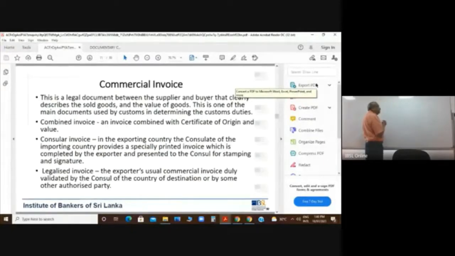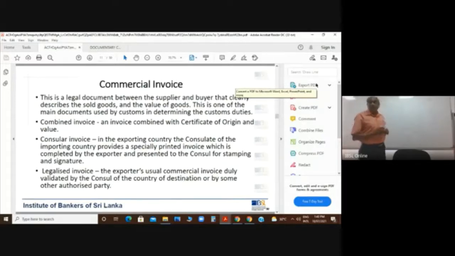They use this as a revenue source to get more money for their consular officers. In Dubai, every import has to have a legalized document, a legalized commercial invoice.